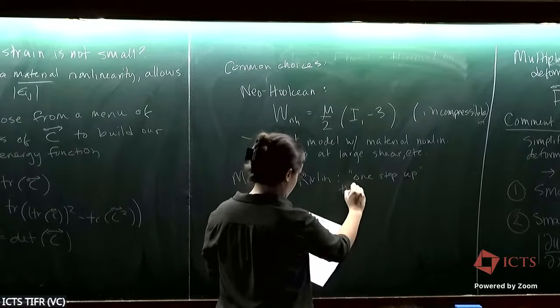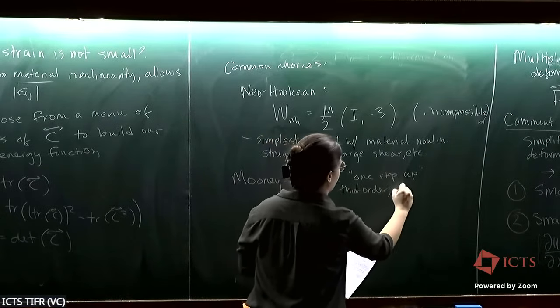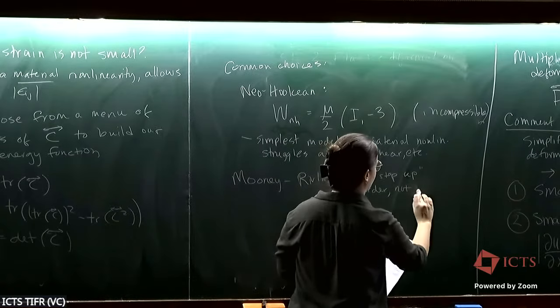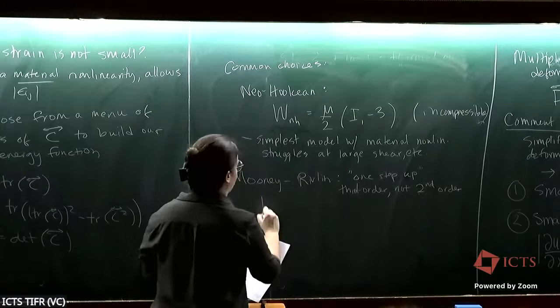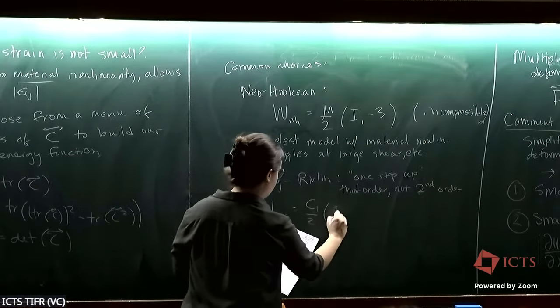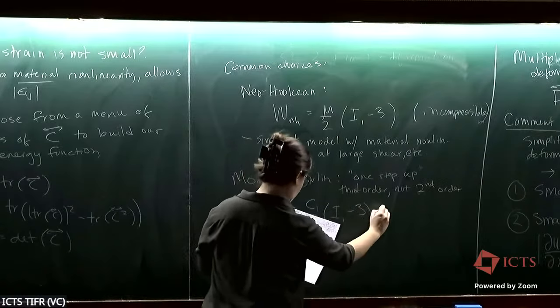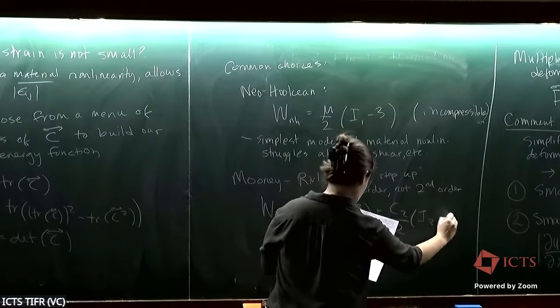Mathematically, this is third order elasticity instead of second order, like neo-Hookean is. And something like the Mooney-Rivlin strain energy density functional could be expressed in terms of more than just that first invariant. Could be also the second invariant.